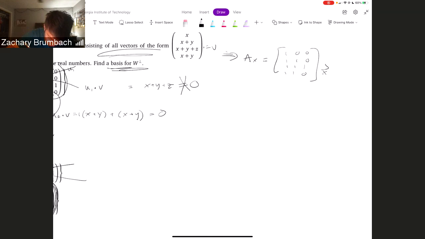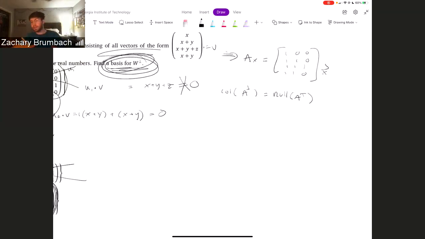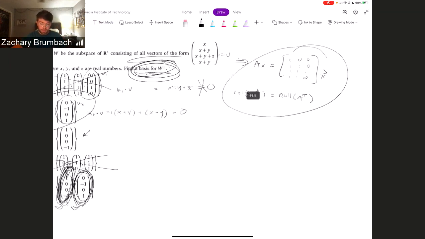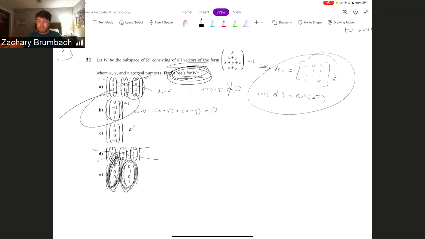Since we're finding a basis for W orthogonal, this is the same thing as the column space of A, which is the same thing as the null space of A transpose. And when you find that, you're going to find the exact same vectors we talked about. But this whole computation can be a little trickier, and you have to do some row reduction and stuff. The easiest and fastest way to do this is with dot products.